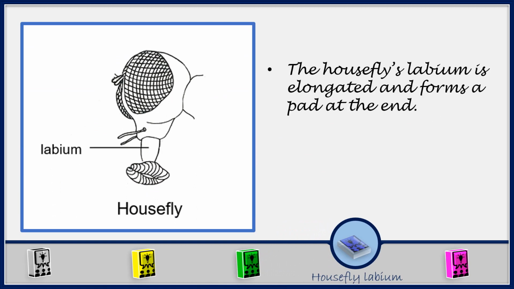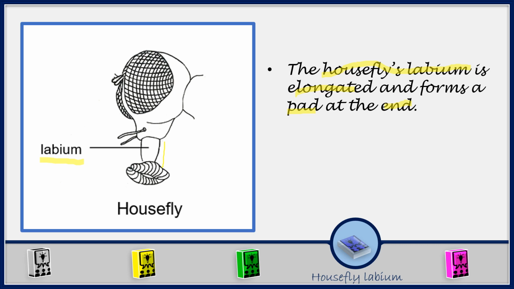The housefly's labium is elongated and forms a pad at the end. So when you look at our housefly, it has a labium, and this labium is elongated. It is long.